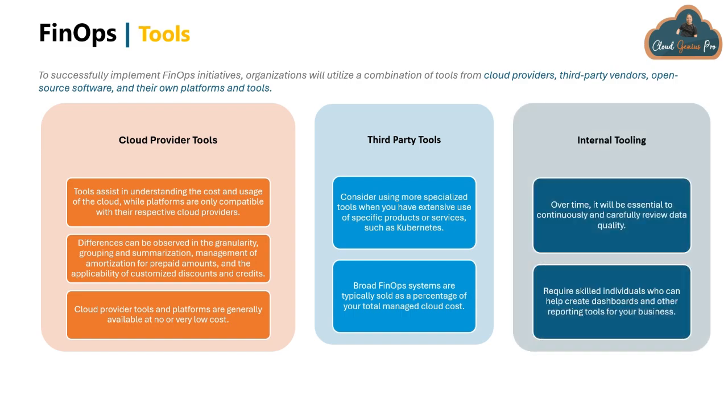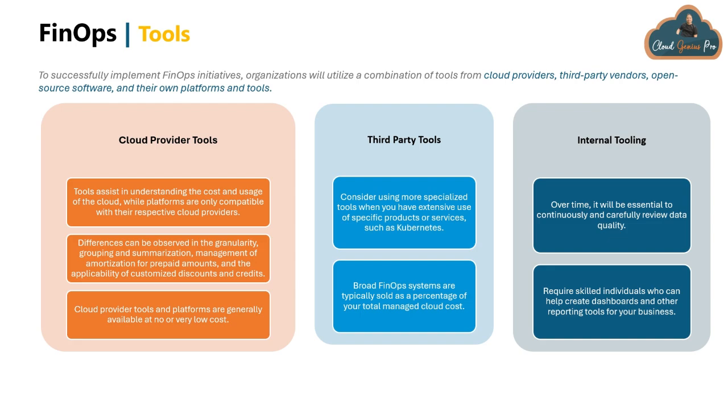Now coming to internal tooling. Most of the time I see that internal tooling is based on Tableau or Power BI dashboards or native dashboards, like Azure Workbook or Azure Dashboard. Sometimes AWS also provides the QuickSight service which organizations adopt to develop their own dashboards, and similarly the GCP billboard as well.